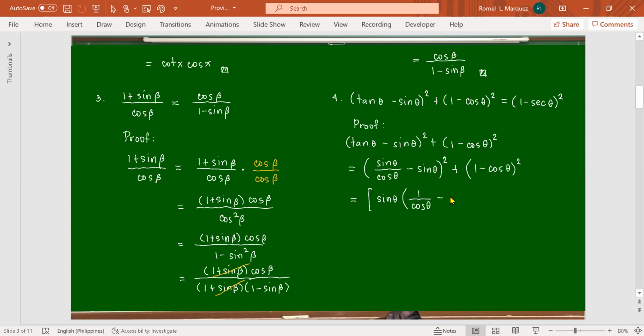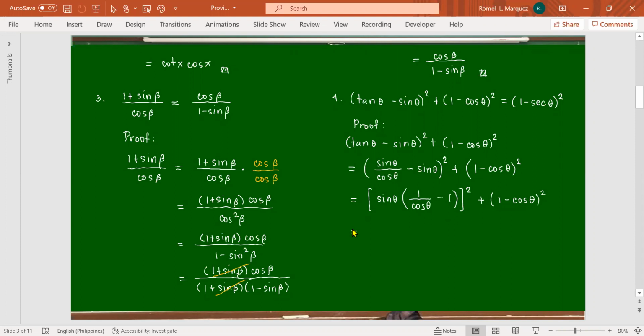Then here, negative 1. So we have 1 over cosine theta minus 1, everything is raised to 2. Then plus 1 minus cosine theta quantity squared.